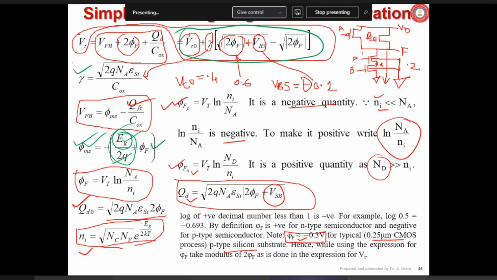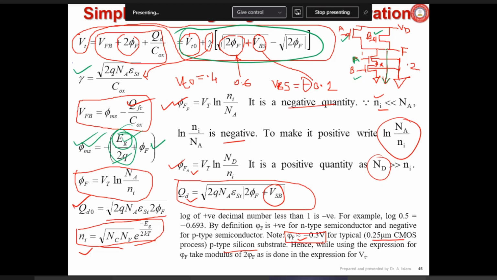Once you design a NAND gate, for example, a 2-input NAND gate. See here, this is A input, this is B, A and B. In the pull down network, PDN, you have series connected N MOSFETs, right? So current may flow in this direction, and every MOSFET offers some resistance.